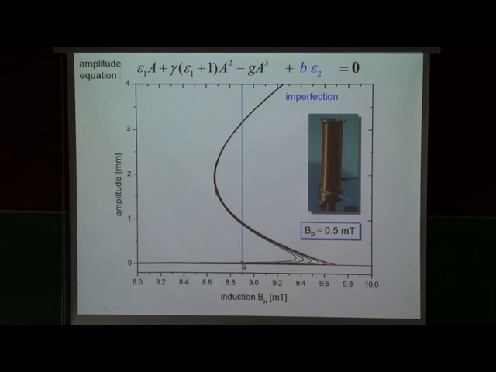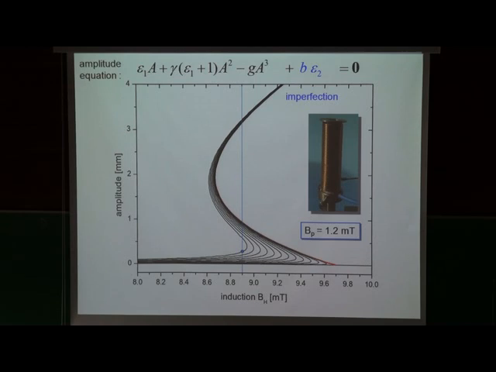It's a flat surface. And now I'm making a switch to a larger probe field, and a larger probe field, and a larger probe field, and you see how this additional term, this imperfection, is changing the solution curve. And eventually you see what's going on, that here this crossover is increasing.